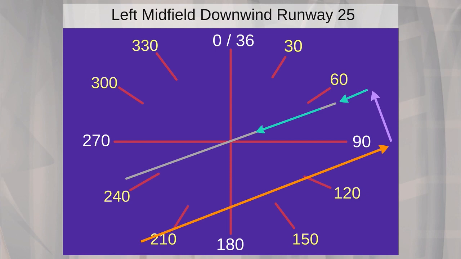We need to know where our base is, because we also need to know where the final is to tell us which runway we're landing on.